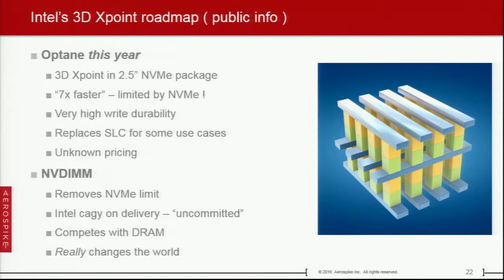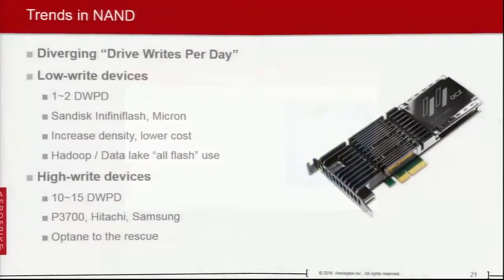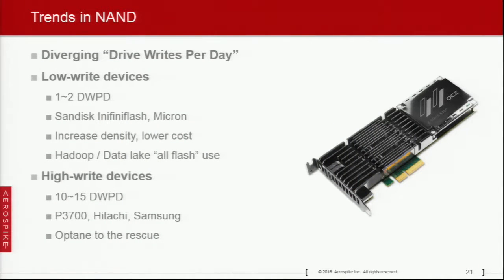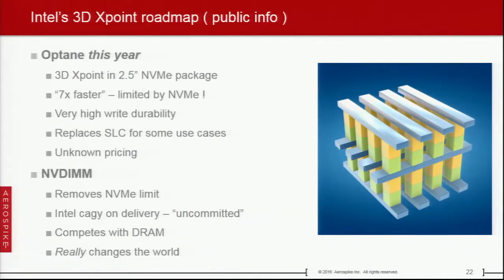But this is going to fix the problem that we don't have much in the way of exciting roadmap for these high-write devices. Our exciting roadmap in high-write devices is going to be this. Because you can write like crazy to this thing. It has really no limit in terms of wear. It's easily, according to what Intel says, I think about 1,000 times better in terms of wear than anything else.